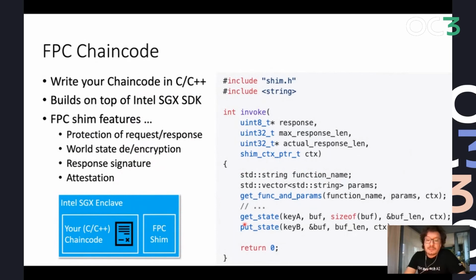That means if the user performs a get state or put state operation, FPC takes care of encrypting and authenticating the data all in the background before they're leaving the enclave. The FPC framework also makes sure that the response generated by the chaincode is signed, and this signature corresponds to an attestation which is stored in our enclave registry.